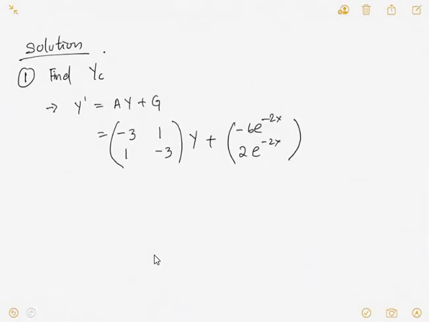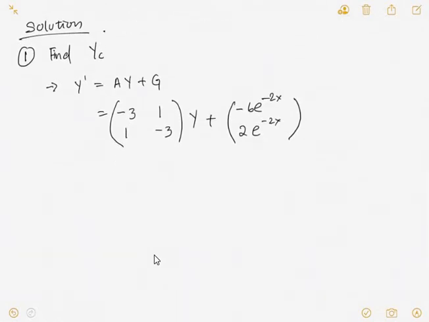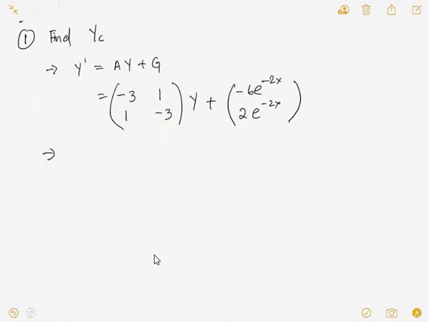The second step is to find the eigenvalues. Based on the A here, you have negative 3 minus lambda, 1, 1, and negative 3 minus lambda.